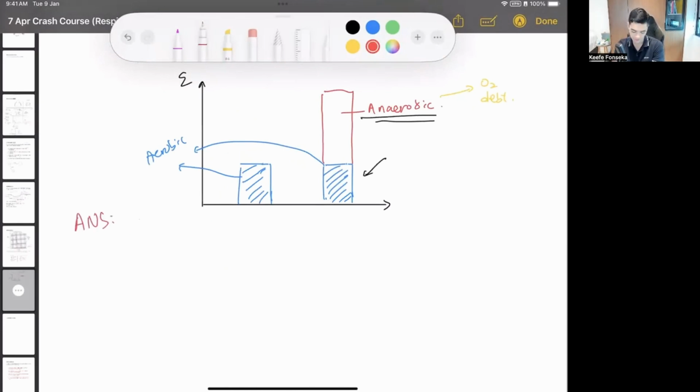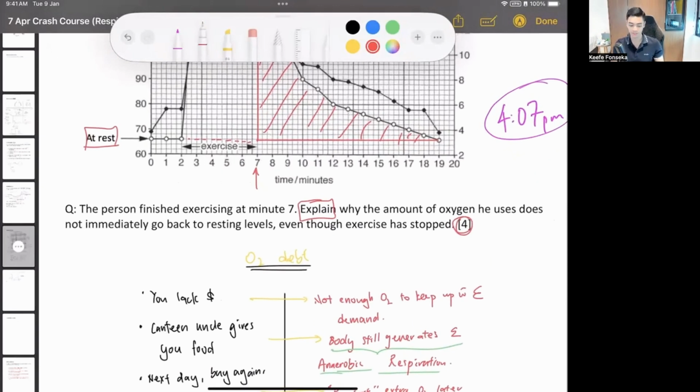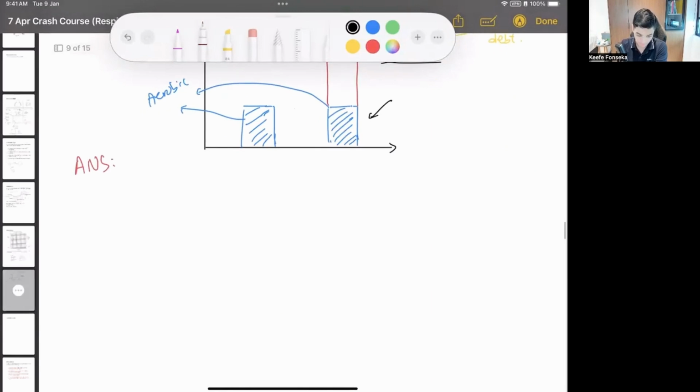So the question again is, why did the oxygen amount he used not immediately fall back to resting levels, even though the exercise finished? Okay. So here's how to explain. During the exercise, the energy demanded from what exactly?